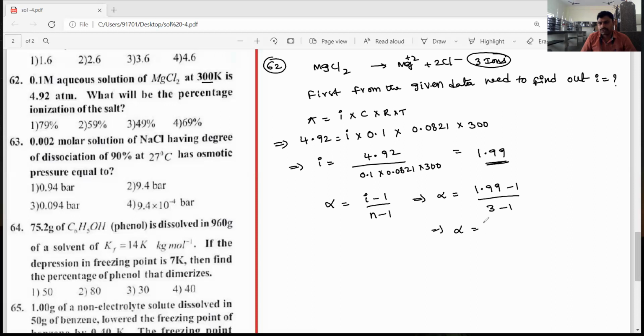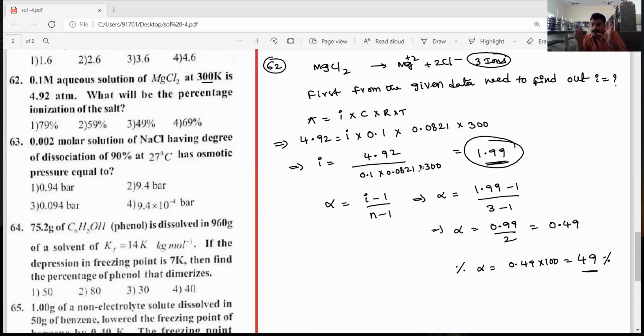Then alpha equals 0.99 divided by 2, which is about 0.49. So the percentage of alpha is 0.49 into 100, which is 49%. So the ionization is only 49%. Alpha is 49%, and the i value is 1.99.